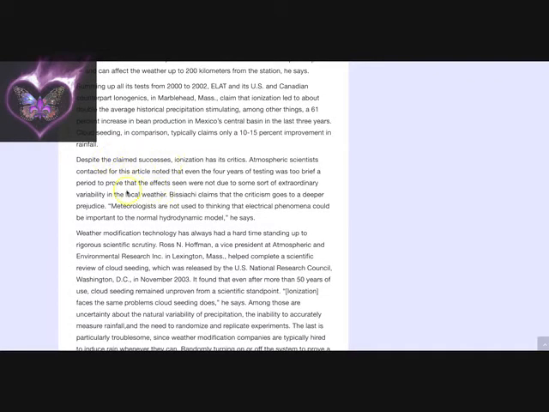Cloud seeding, in comparison, typically claims only a 10 to 15% improvement in rainfall. Despite the claimed successes, ionization has its critics. Atmospheric scientists contacted for this article noted that even the 4 years of testing was too brief a period to prove that the effects seen were not due to some sort of extraordinary variability in the local weather.